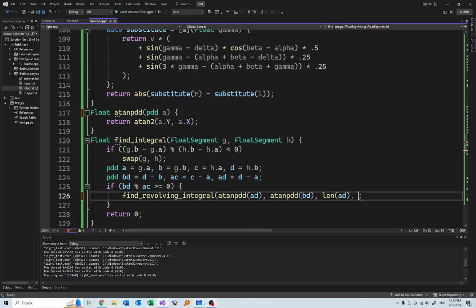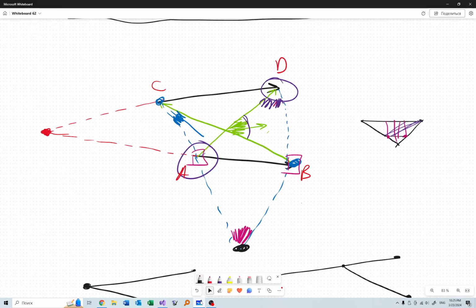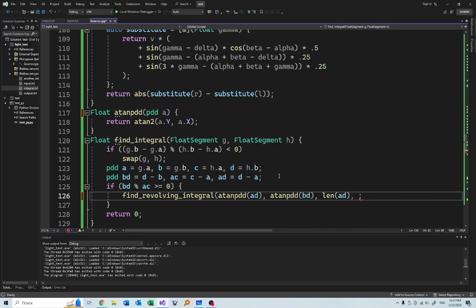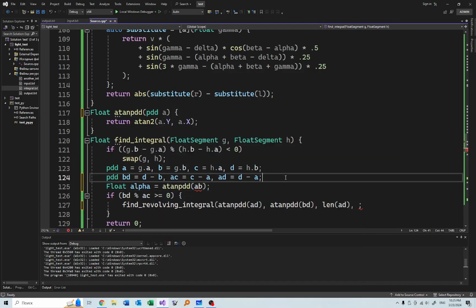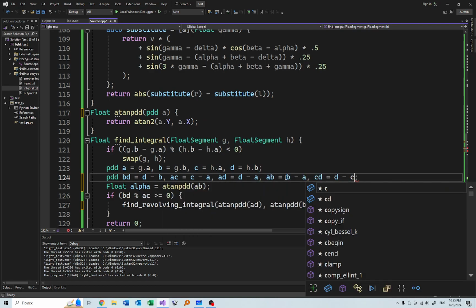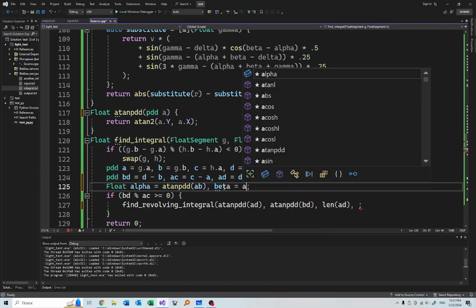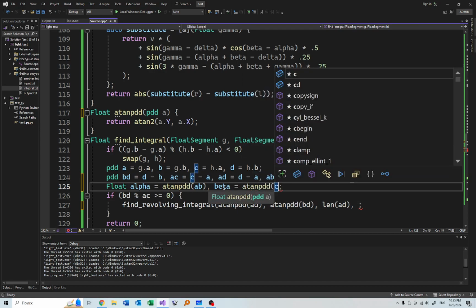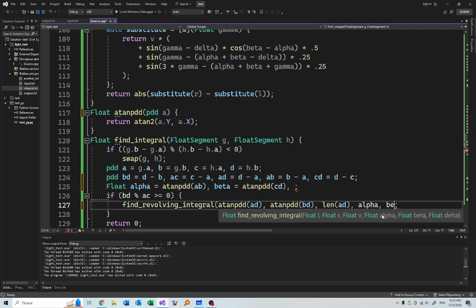Alpha is actually atan2 of AB, I think. So actually they are fixed. So alpha is always atan2 of AB. Beta is always atan2 of CD. And gamma actually changes from time to time. Delta.